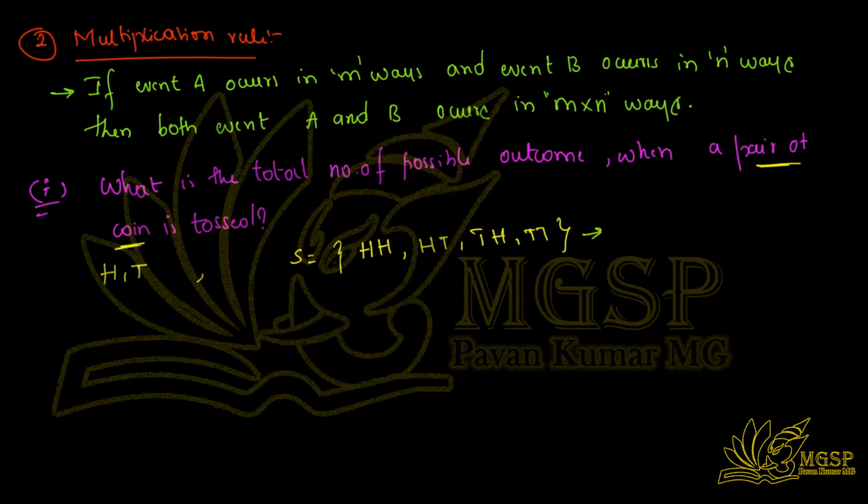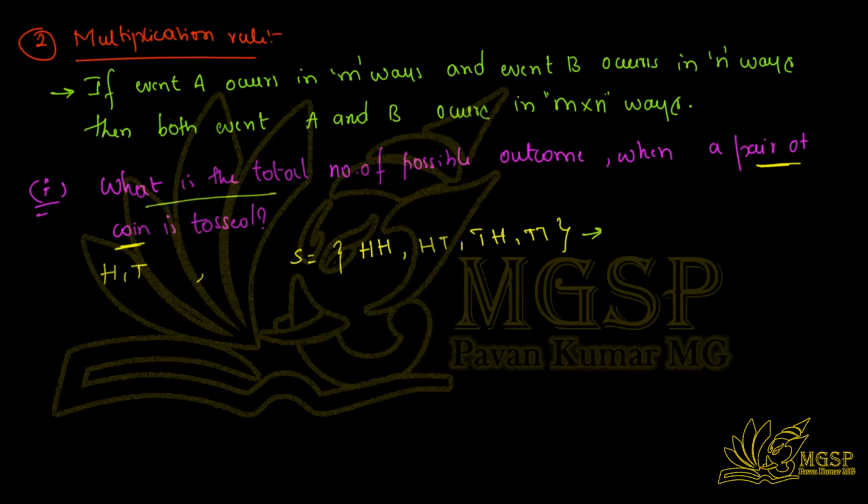They have not given any condition that head or tail should come. This is just a basic example. What are the total number of possible outcomes, which is directly the sample space.